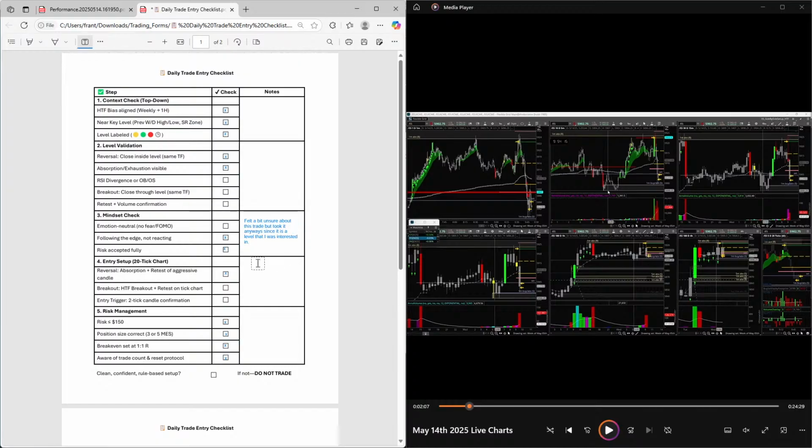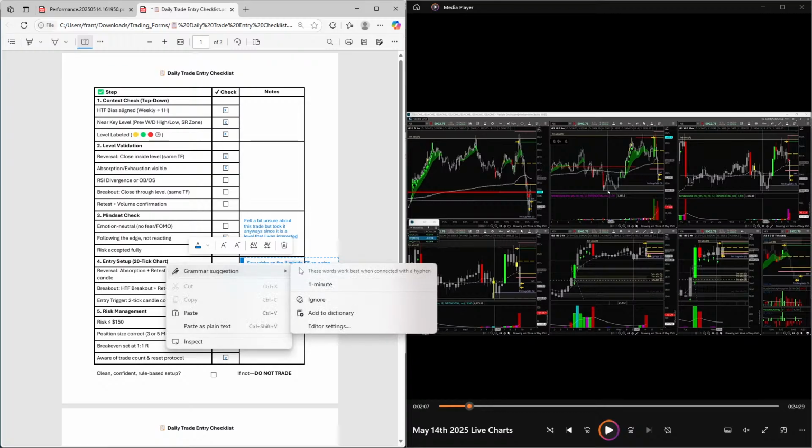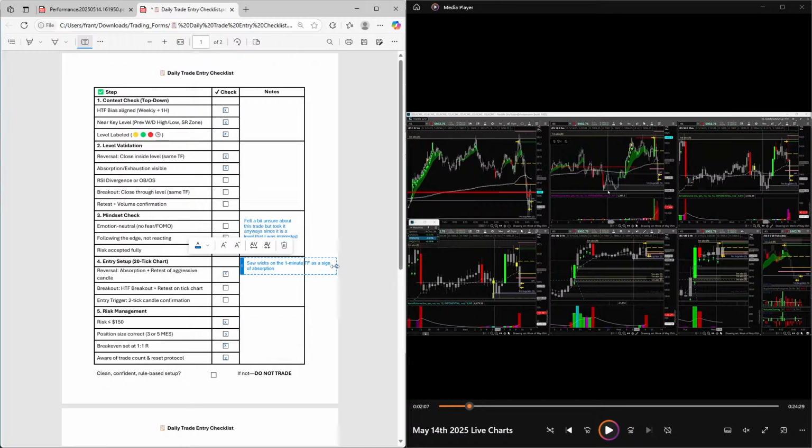Alright, so wicks on the 1 minute time frame as a sign of absorption. Alright, so this was a resistance rejection trade.